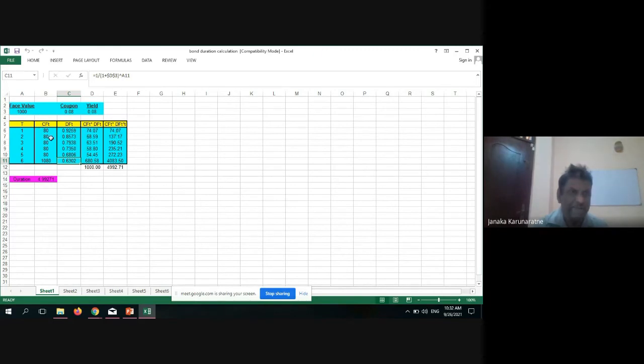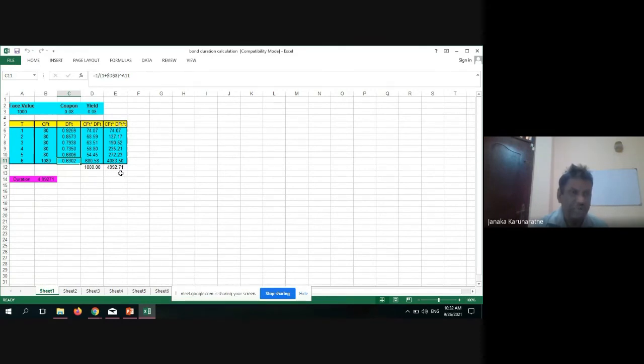The second one, 80 multiplied by 2 times this one. Likewise, the numerator, the top part, is the summation of the present value of CFT multiplied by the time factor, which is this much.